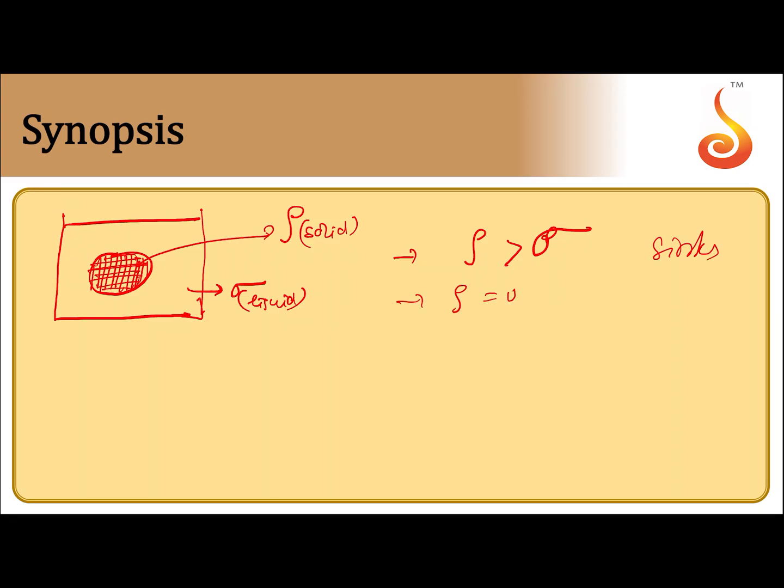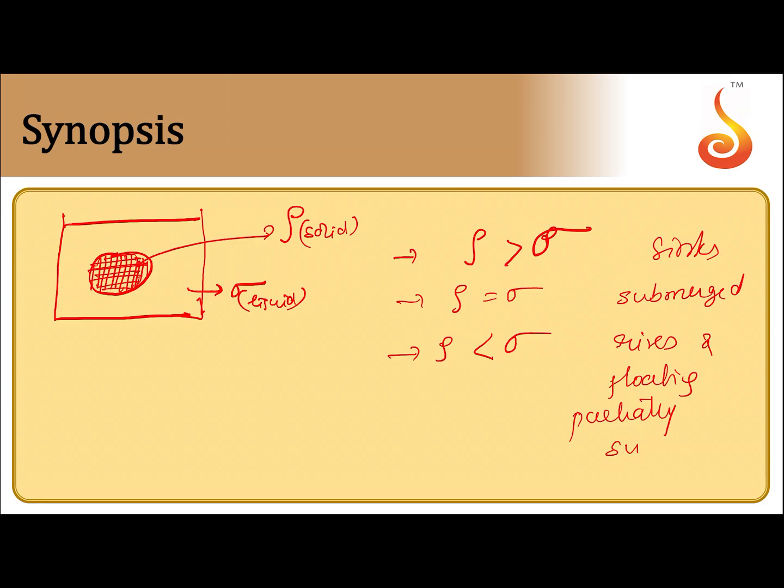If rho is equal to sigma, it remains submerged. And if the density rho is less than the density of the liquid, it rises and starts floating partially submerged. So these are the three important cases to be kept in mind.